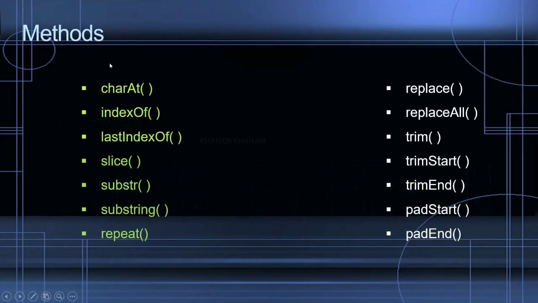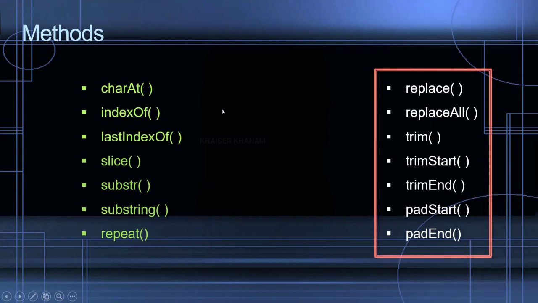In our previous session, we saw slice, substr, substring, and repeat. Now in this session, we are going to learn about these 7 methods: replace, replaceAll, trim, trimStart, trimEnd, padStart, and padEnd.